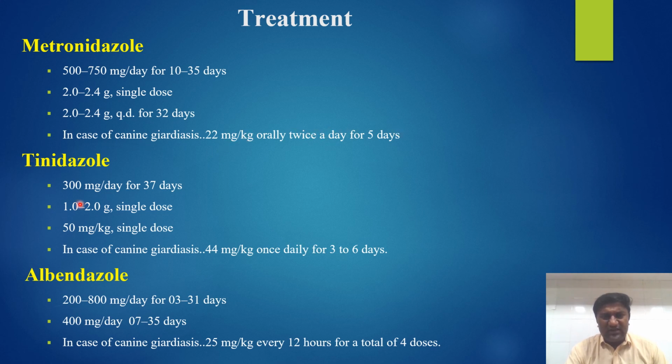Tinidazole is given at 300 milligrams per day, or as a 1 to 2 gram single dose, and in canine giardiasis 44 milligrams per kg once daily for 3 to 6 days. Albendazole is given at 200 to 800 milligrams per day for 3 to 31 days, or 400 milligrams per day for 7 to 35 days. In canine giardiasis, it is 25 milligrams per kg every 12 hours for a total of 4 doses.